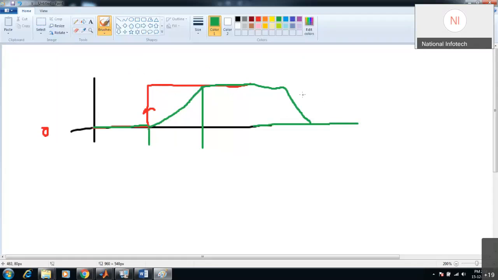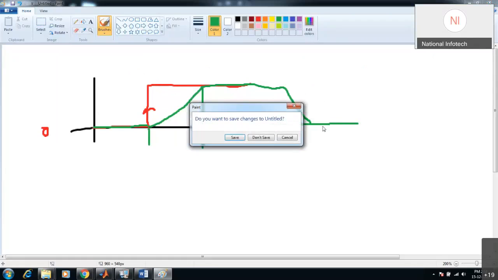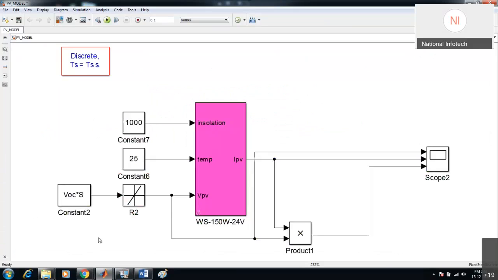So that we are seeing here. Let me run the simulation. This first signal is VPV, this is your IPV, and this is your PPV.